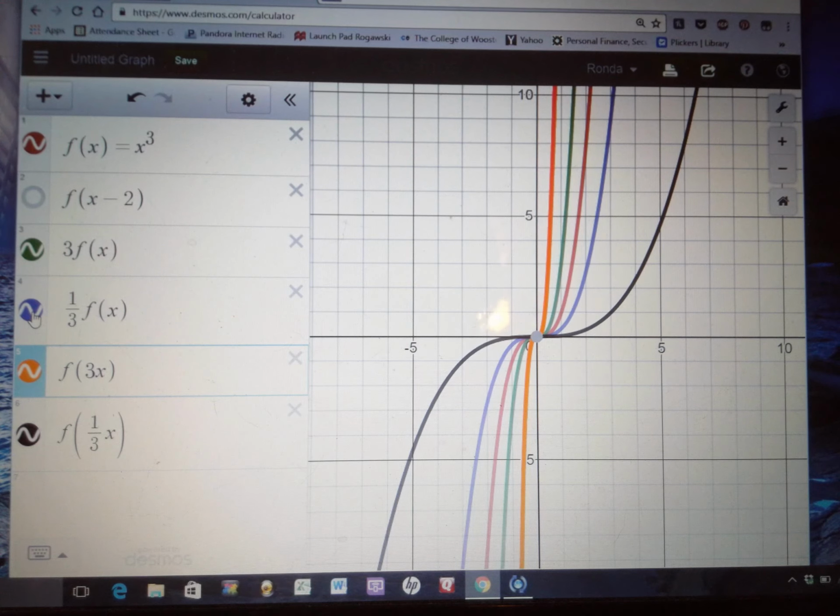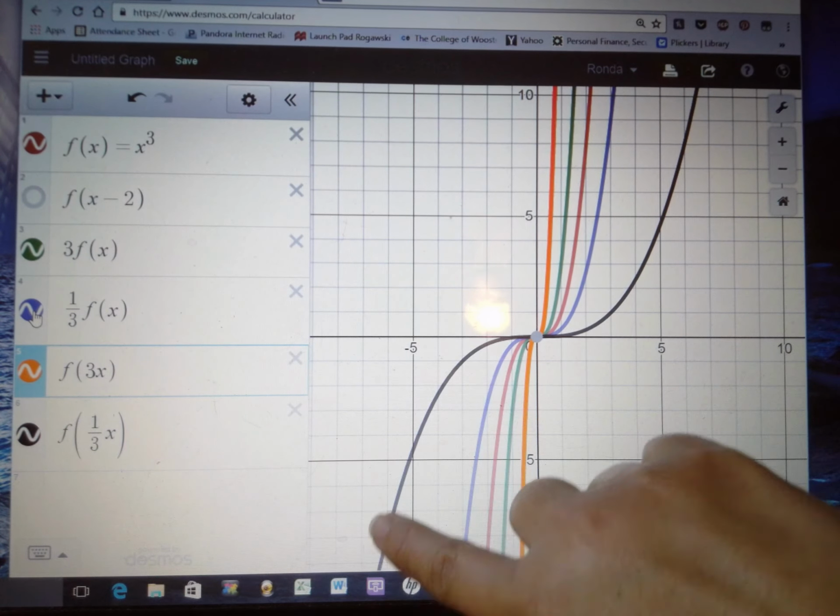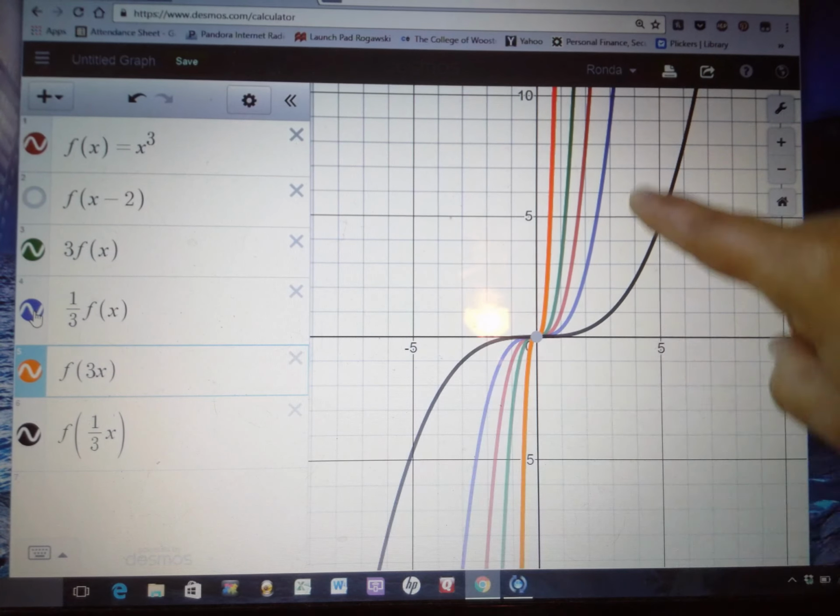But one thing to notice about all of these is that while the shape has changed, it's a little more bent in some places, a little more stretched in other places, I still retain my same basic shape, right?